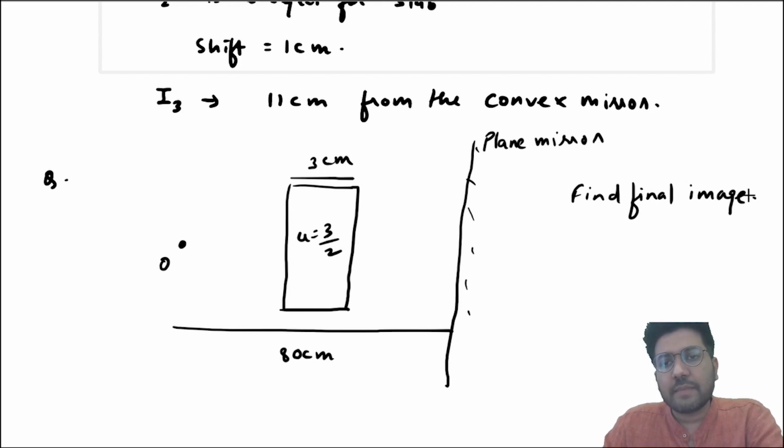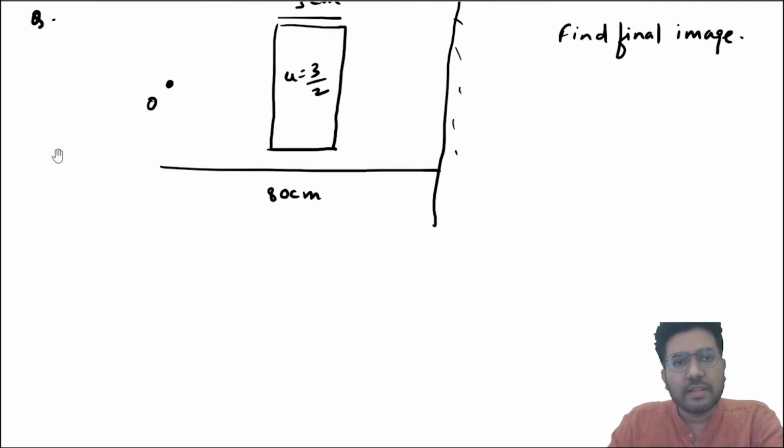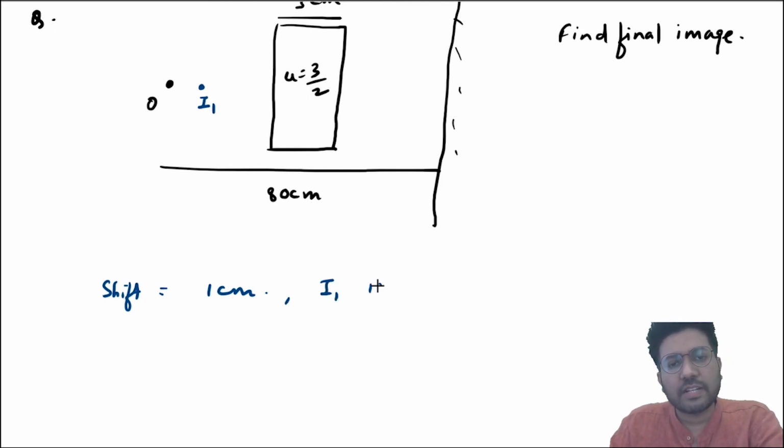So again, the same thing that you have to do here is first find the shift. Okay, whenever you see a glass slab, you should find the shift. So shift is again 1 centimeter. So if shift is 1 centimeter, that means this image acts as object for the mirror. So I'll write again, I1 acts as object for plane mirror, right?